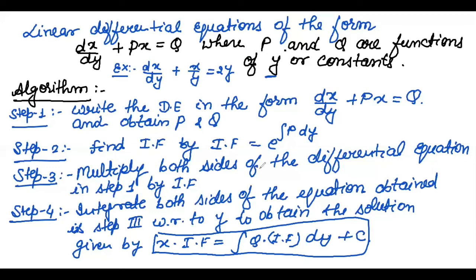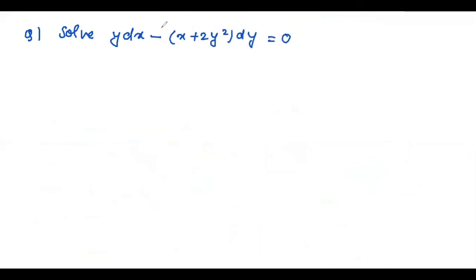So I'm going to discuss one question based on this form also. The question is, solve y dx minus x plus 2y square dy equals to 0. So if we have to solve in the form dx by dy, we'll convert it first into the form of linear differential equation.